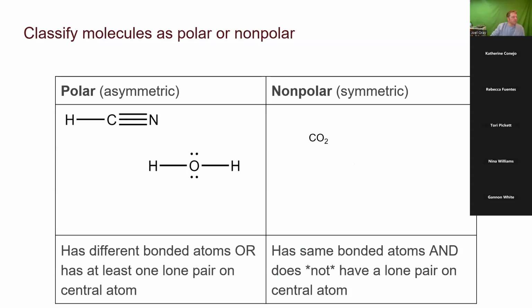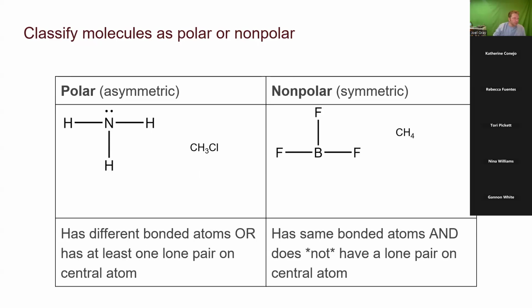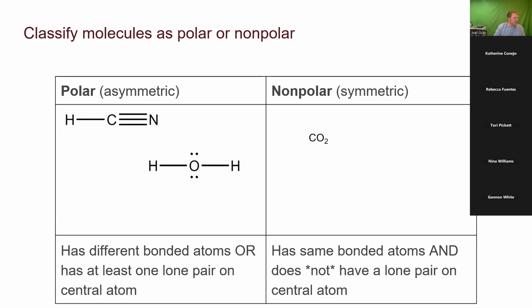Now, when we classify a molecule, if we have a lone pair of electrons on our central atom, it is absolutely going to be a polar molecule. When we don't have a lone pair of electrons on our central atom, we have to be thinking about what is on there. So HCN, that is an exception.